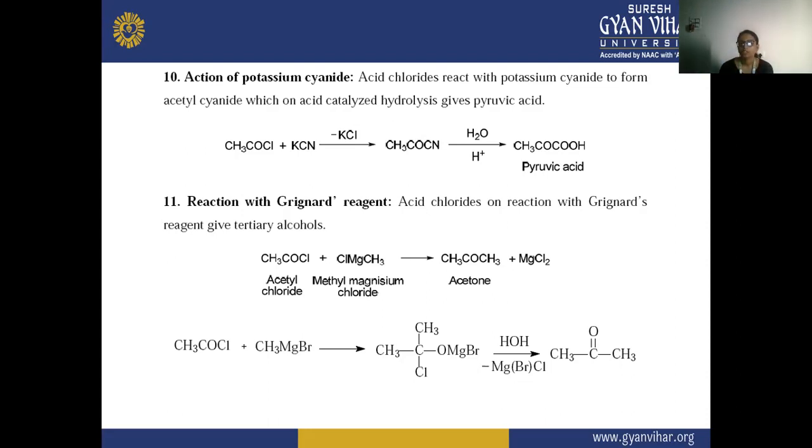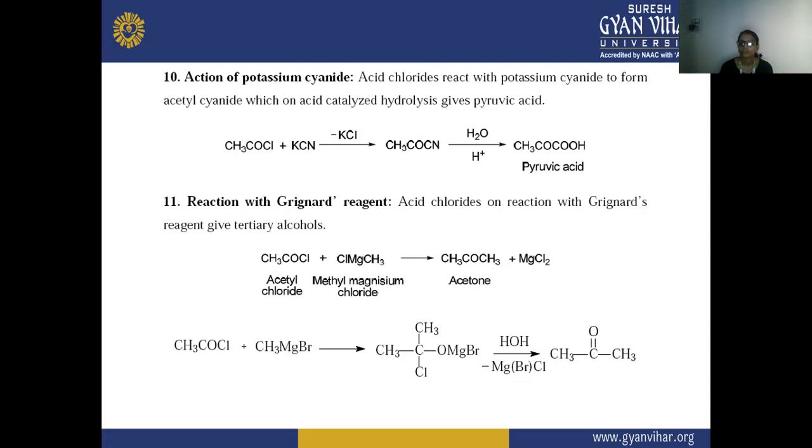So magnesium chloride is formed here, and firstly what we have to do is prepare the Grignard reagent. The Grignard reagent is formed by the reaction of alkyl halide with magnesium, which is a metal.